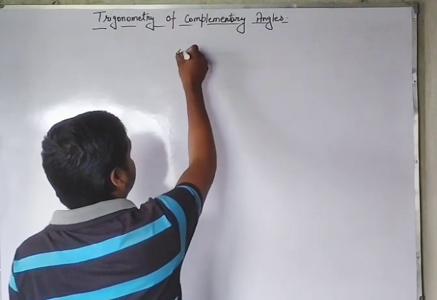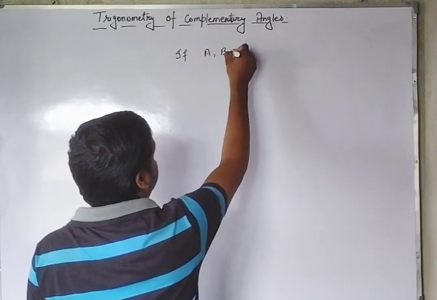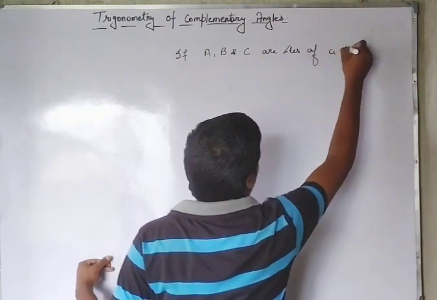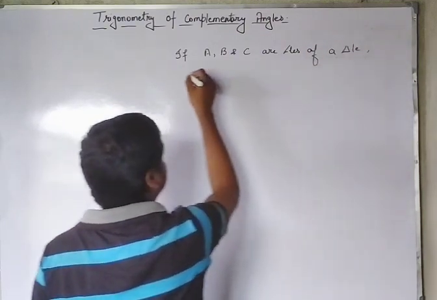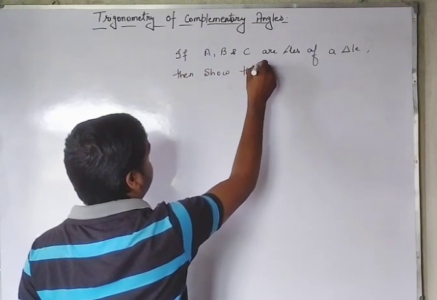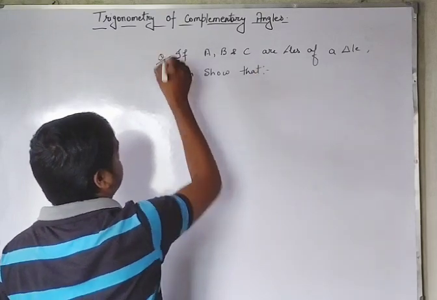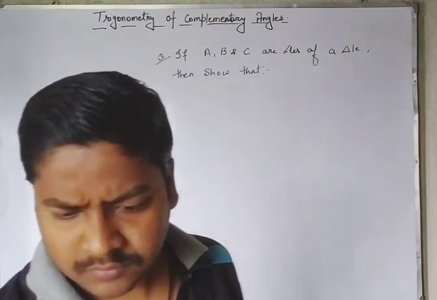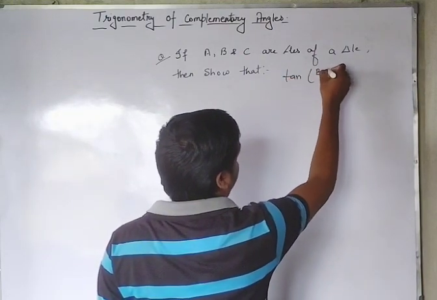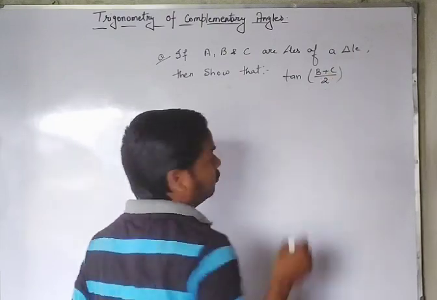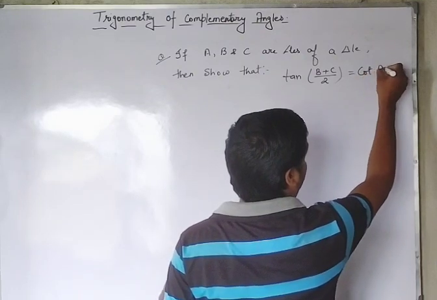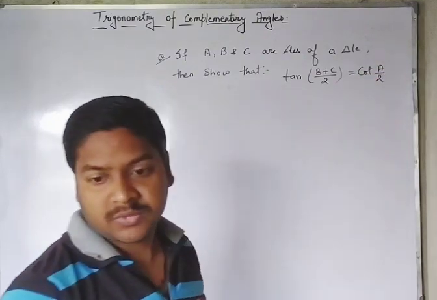It is given here, if A, B and C are angles of a triangle, then show that tan (B plus C) divided by 2 is equal to cot A by 2. That we need to show.